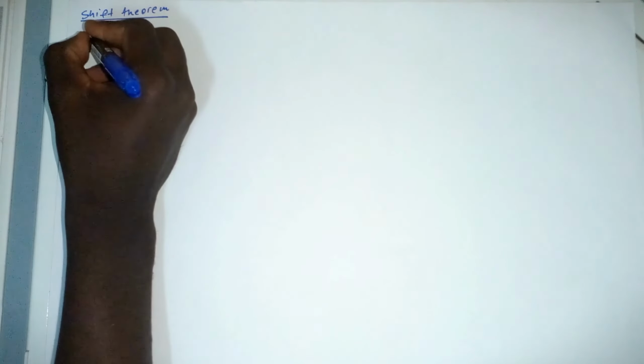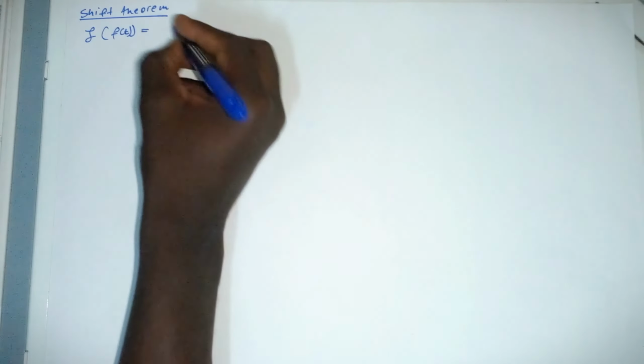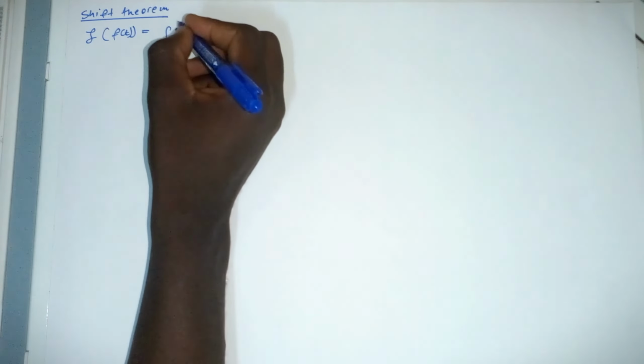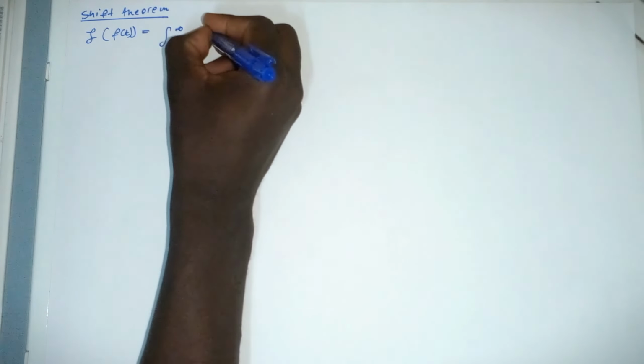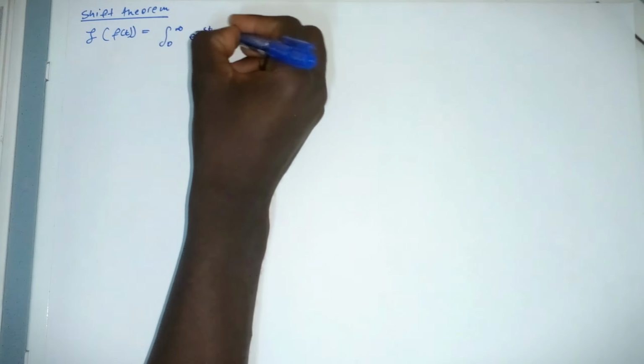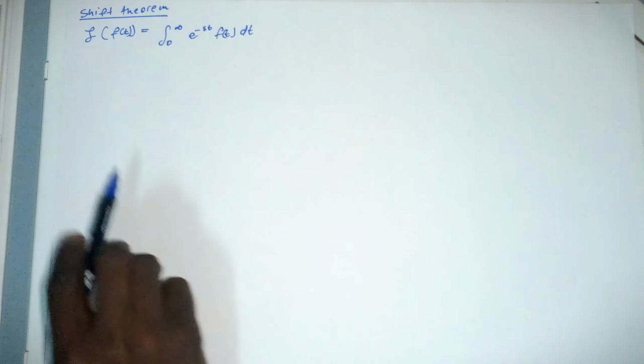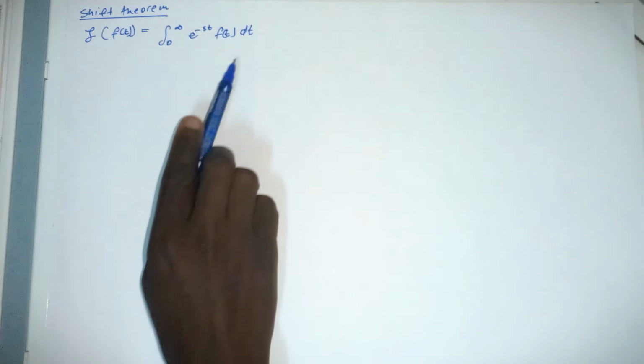So on shift theorem, what you know is, if you want to evaluate the Laplace transform of a function f(t), this is going to be equal to the integral from 0 to infinity of e to the power negative st times f(t) dt. Okay, dt, which means we're integrating with respect to t, so that means s is a constant.